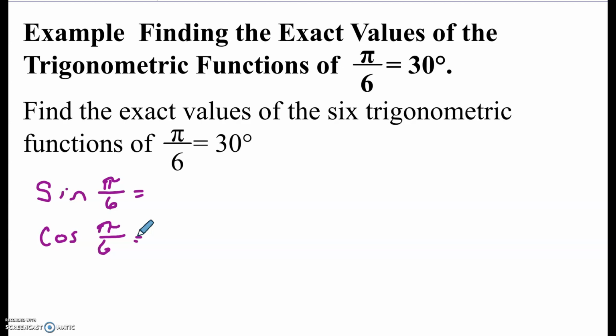The only difference is that sine and cosine are interchanged. So sine is 1/2, cosine is square root 3 over 2.